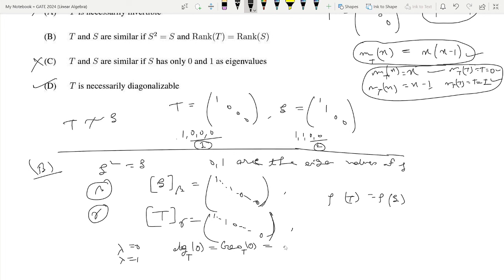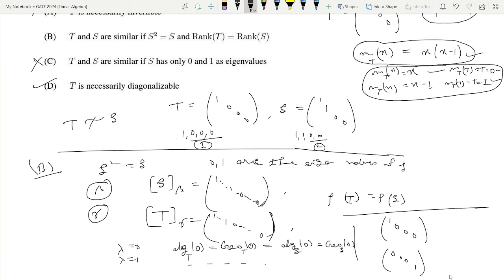This will be equal to the algebraic multiplicity of 0 of S, which equals the geometric multiplicity of 0 of S, and similarly for 1. So suppose T is 1 0 0 0, and S will also be like this, or say 0 0 0 1, just the positions may differ, and they must be similar.